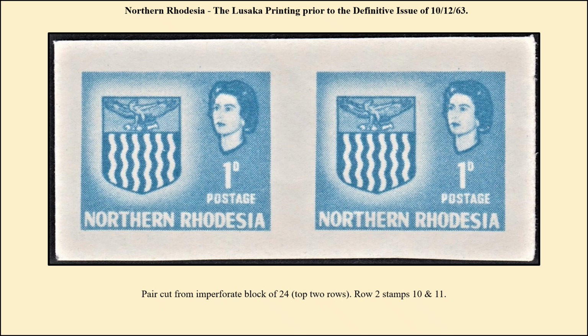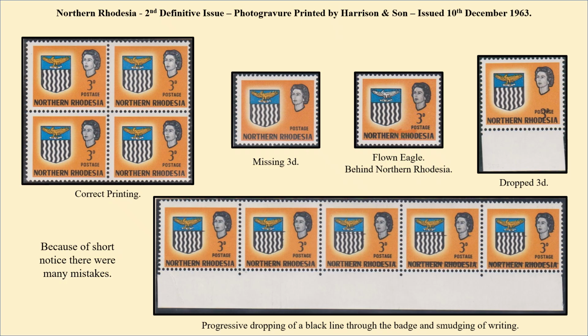The Lusaka printing was done in a hurry, but was not accepted. And here we start to see some of the varieties. The block of 4 is how the stamps should have been, and then we start to look over there was a missing 3pence, and then there was what is known as the flown eagle.